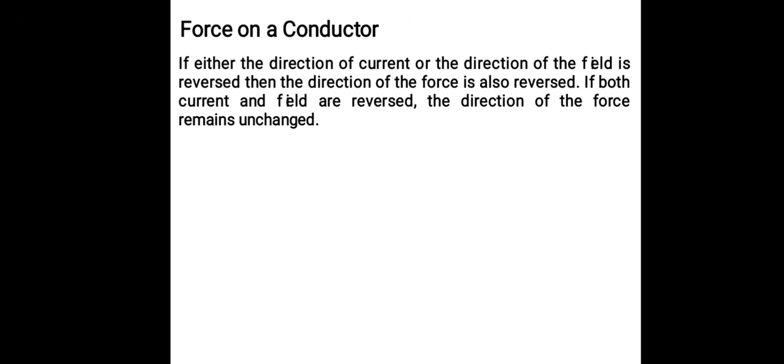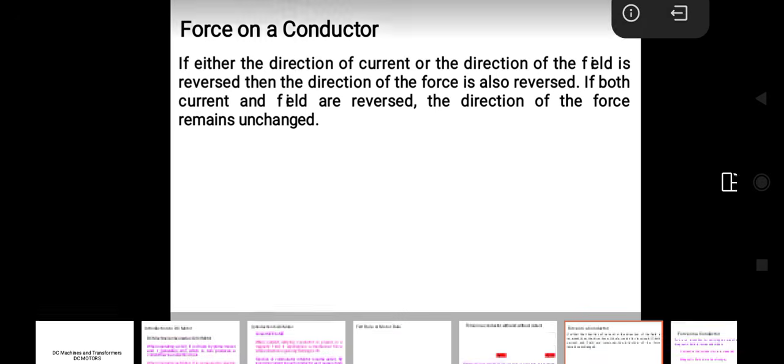So if either the direction of current or the direction of field is reversed, then the direction of force is also reversed. Whereas if both current and field are reversed, the direction of the force remains unchanged. The field winding gives the magnetic field, the magnetic flux, and the conductor is carrying current. That is the armature conductor, and the armature current direction is the direction of current.